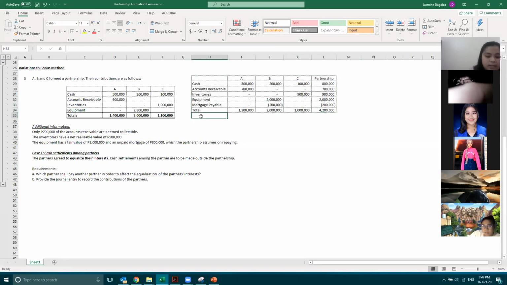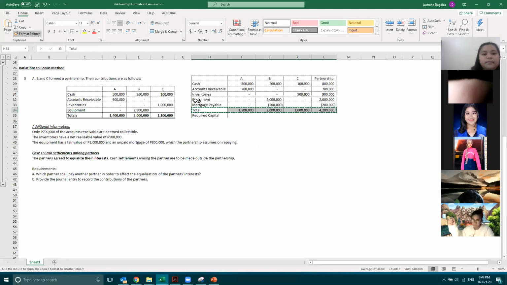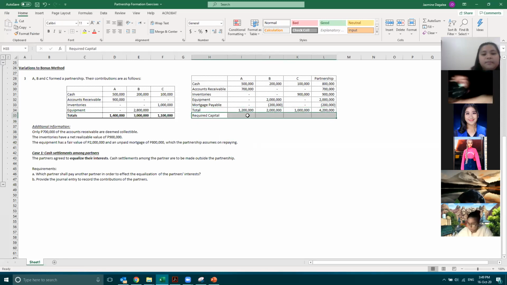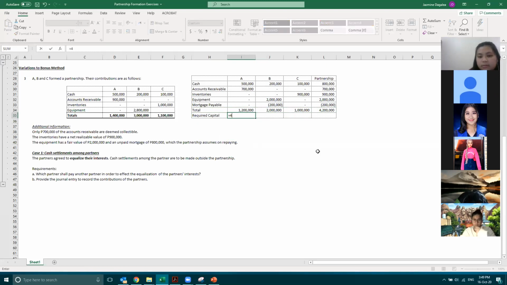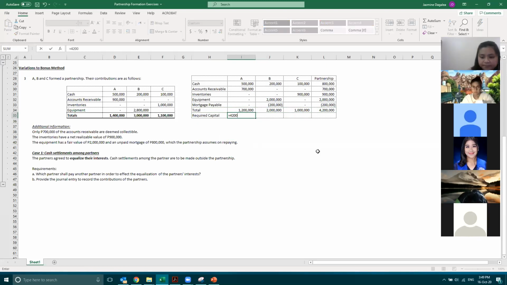So, dito sa ano natin, magkano? 1,400,000. Divided by 3.